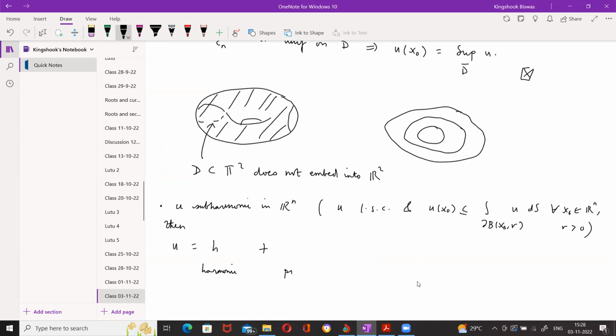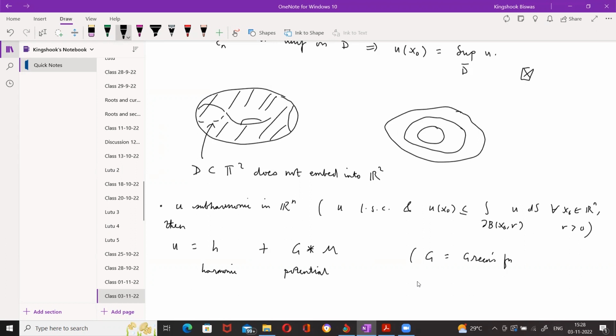So what is a potential? A potential is just the Green's function convolved with a measure. So G equals the Green's function. I think this is also called Riesz's theorem. Is that correct, Rudrada?